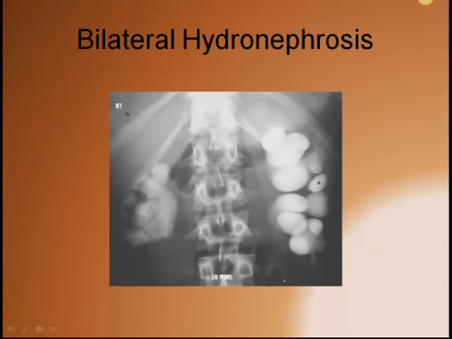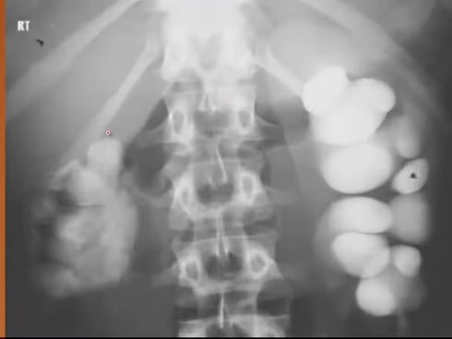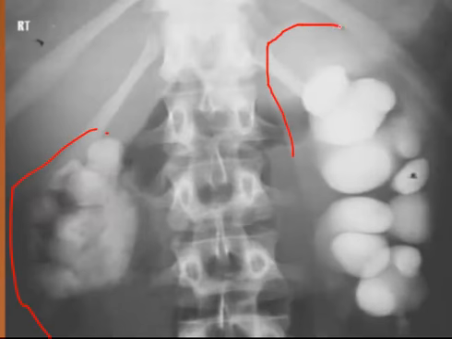All right, here's an example of somebody with bilateral hydronephrosis. And what you can see here, there's obviously a discrepancy between the two of them. This one just flat doesn't look like it's working very well. This one is compensating in terms of size, but everything is all backed up. Remember, if it's bilateral, logically it could be the ureters.